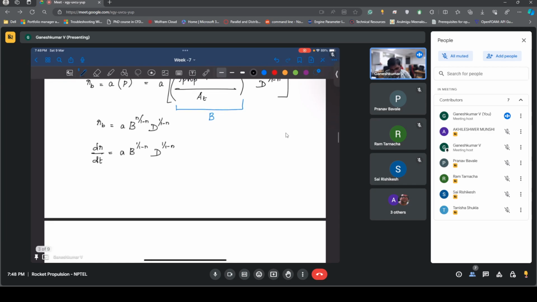So now you have written this dr by dt equation in terms of diameter, which again you can change. Maybe we can change this side and write r as nothing but d by 2.